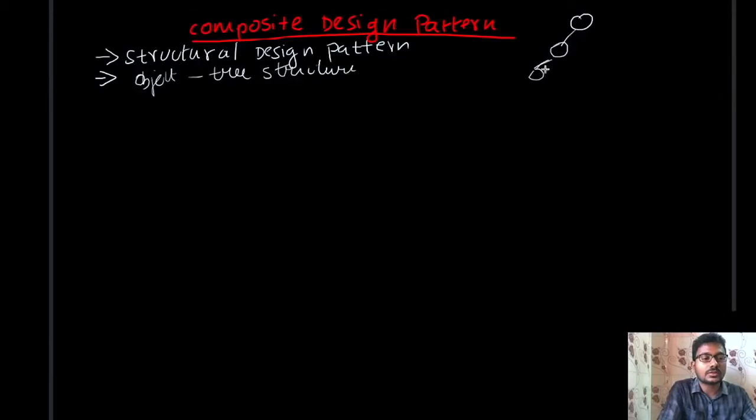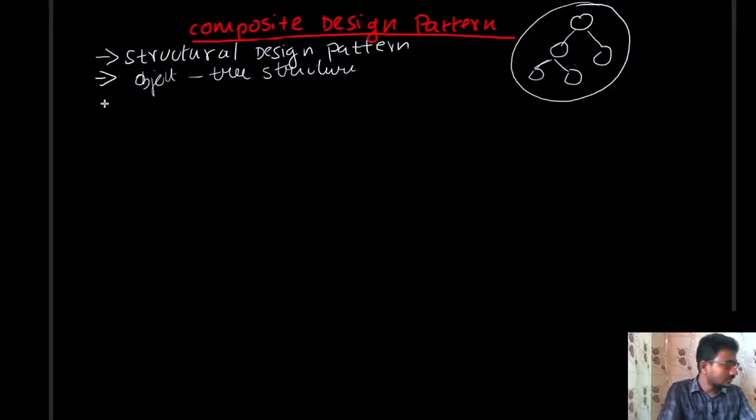So this is your complex object. If your object can be represented in a tree structure, then you can consider it a composite design pattern. And the second principle is that the nodes are classified into 2 types. One is composite and the other category is leaf.